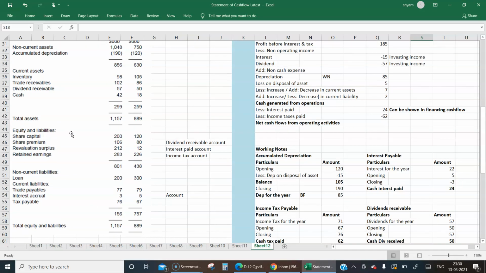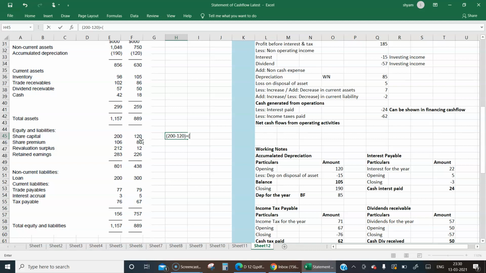The only part we have left is the equity side. Share capital was 120 last year and 200 this year, so we have issued some shares.